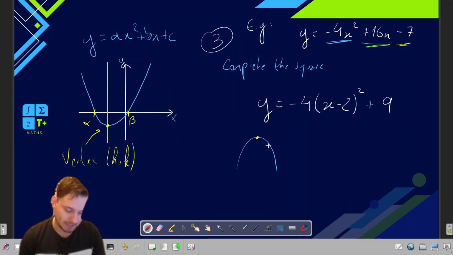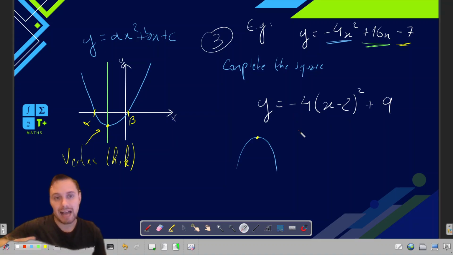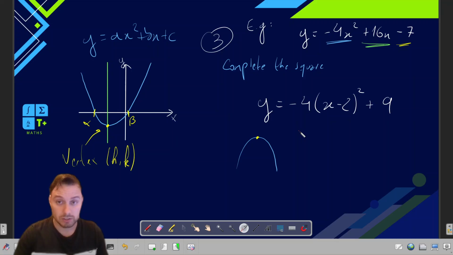The thing is, this term here, as I square it, is going to be positive. And then I'm going to multiply something positive times negative. So everything here is going to be negative. So I have this 9 here, and I'm going to keep on adding negative things. As I keep on adding negative things, the result is always going to be less than 9.